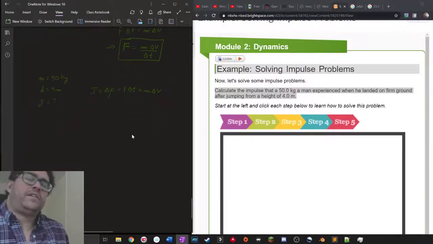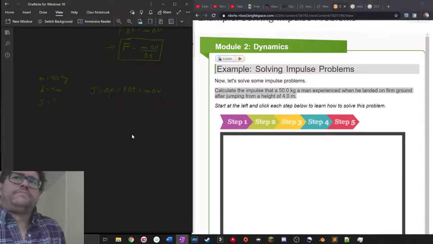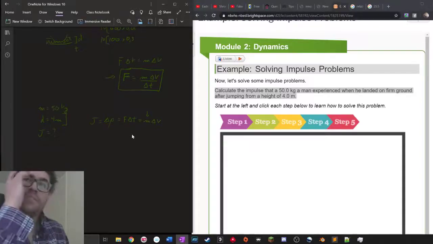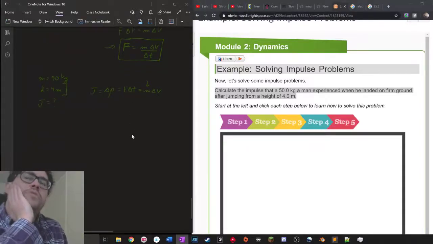So what can we take? What can we have? The distance is 4 meters. What does that tell us? You've seen from the previous modules that if your distance is 4 meters, your acceleration is g, 9.81 meters per second squared.